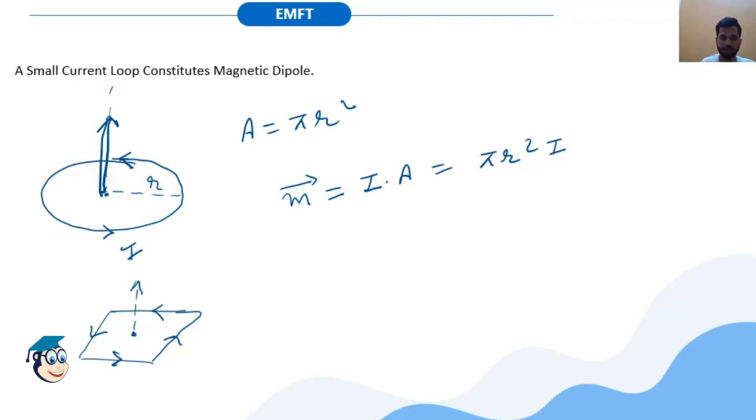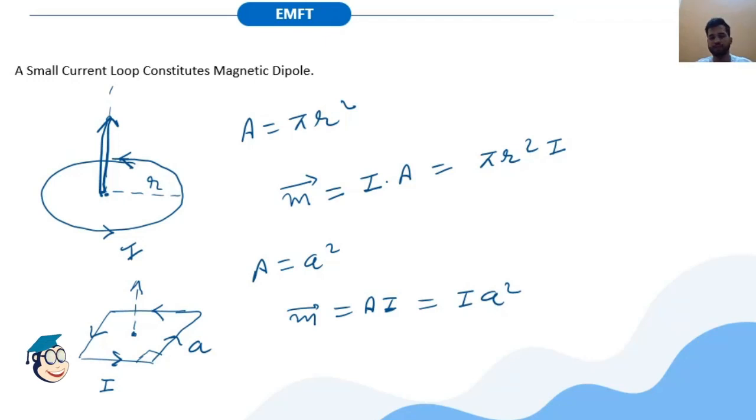Its area is a square, let's say its side is a, so its area would be a square, and let's say the current flowing in this loop is I. So here also m vector is given by area into I, which is nothing but I times a square, and again you can calculate the direction using the right hand thumb rule.